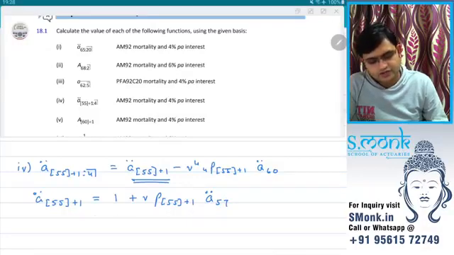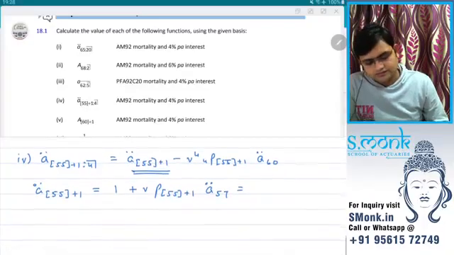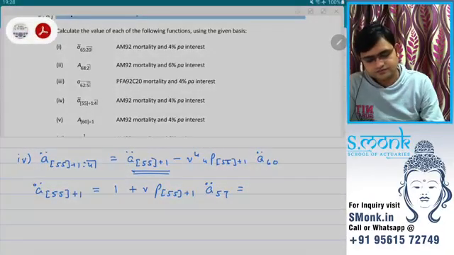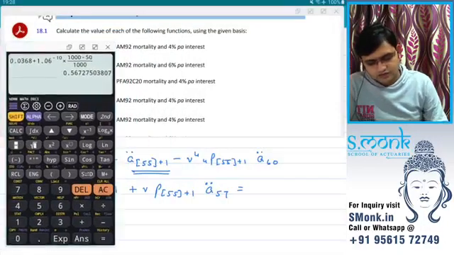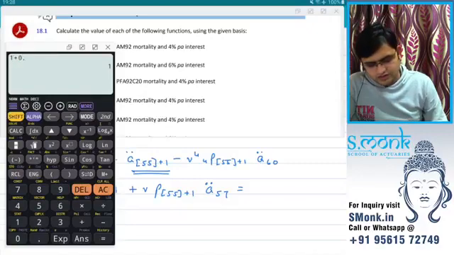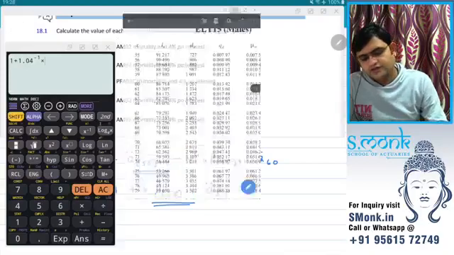This is the formula. We are talking about 4%, so 1 plus 1.04 raised to minus 1 into P 55 plus 1.